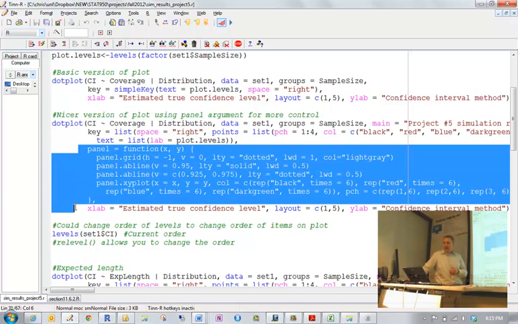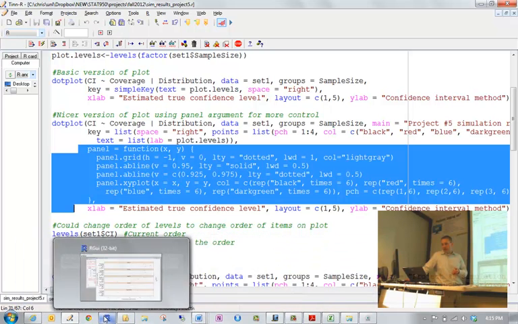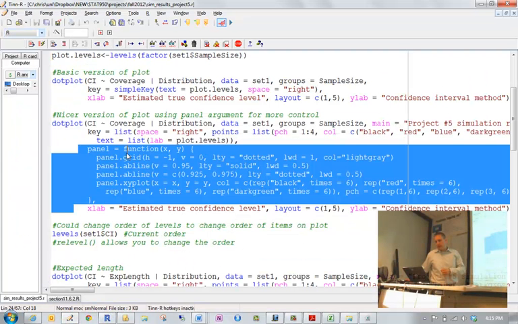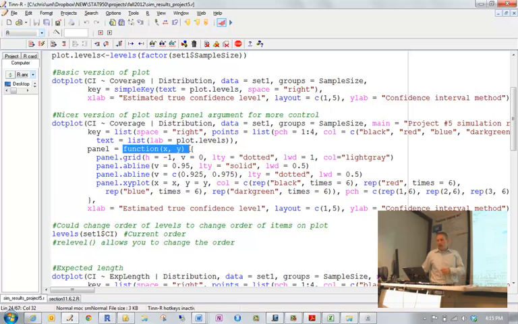Now, I need to be more specific about how each panel, just so that you remember what I mean by panel. This is a panel, this is a panel, this is a panel, controls plot terminology. I need to be more specific about these panels. So, I create a function where I pass in what goes on the x-axis, what goes on the y-axis.